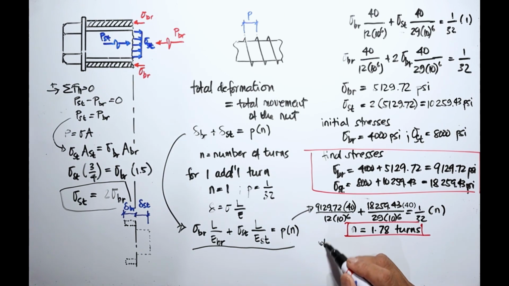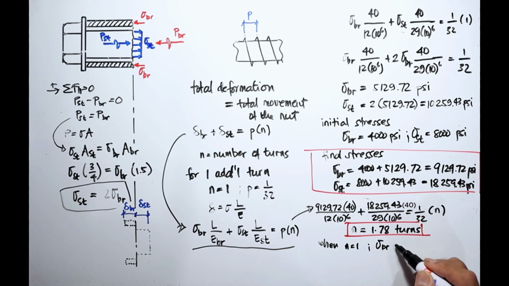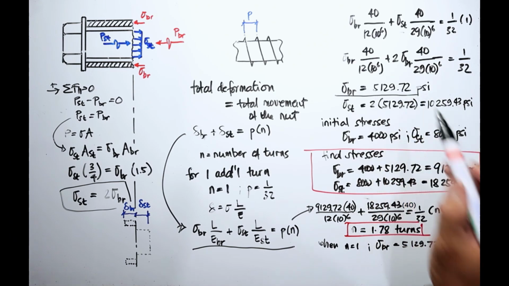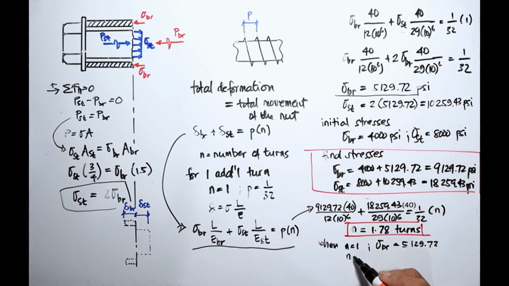Another solution is by ratio and proportion. For one turn, the stress for the bronze is 5,129.72. So, this is for one turn. Now, for n number of turns, the stress of the bronze becomes 9,129.72. So, by ratio and proportion, n over 1 equals 9,129.72 over 5,129.72.